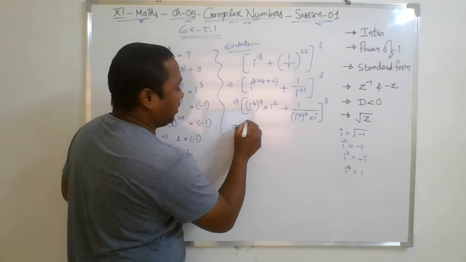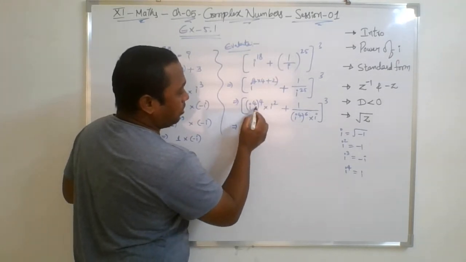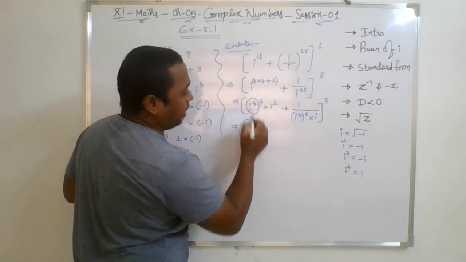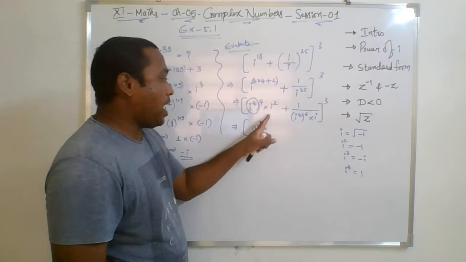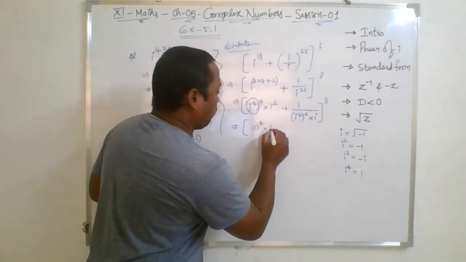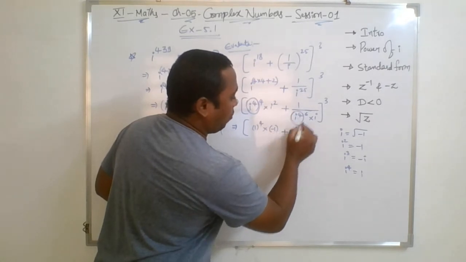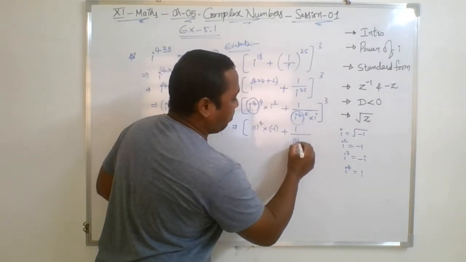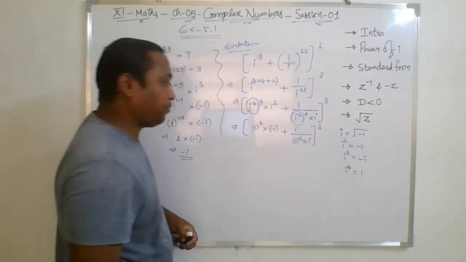Then the i power 4 value is 1, so simply replace this value with 1. So 1 to the power of 4 into i square value is minus 1, plus 1 upon i power 4 value is 1, power 6, into i whole cube.